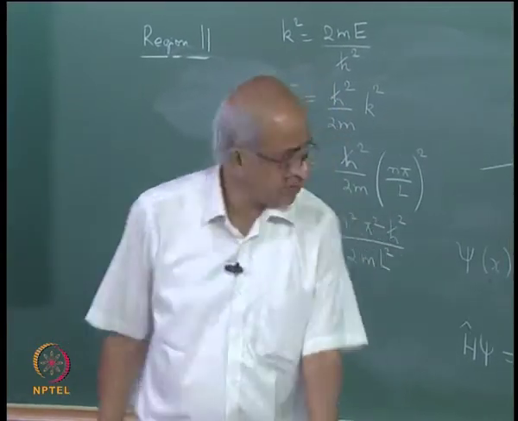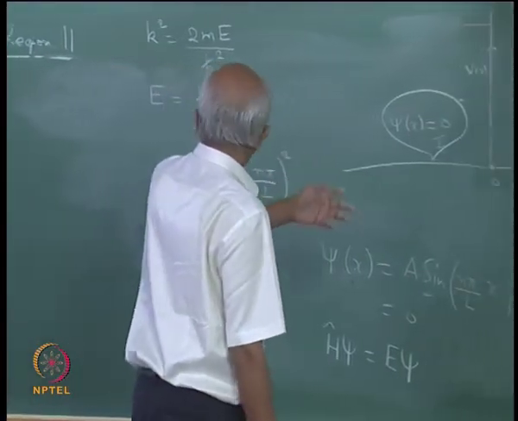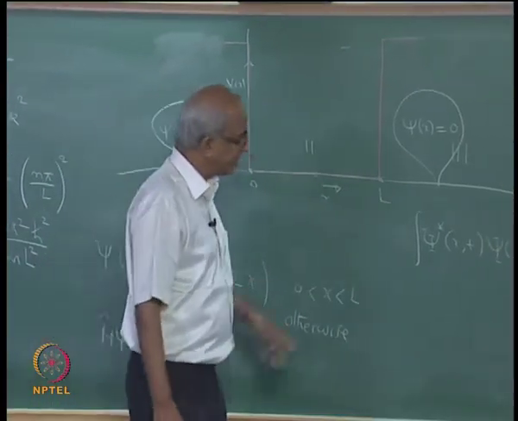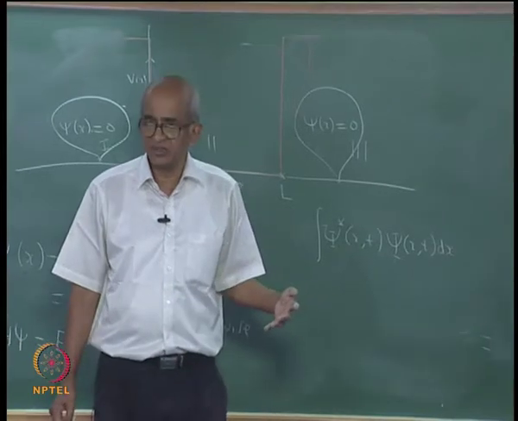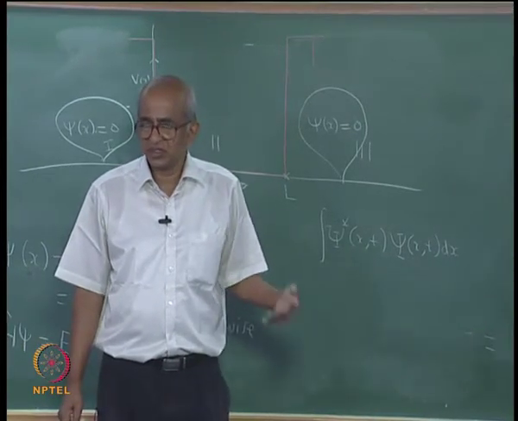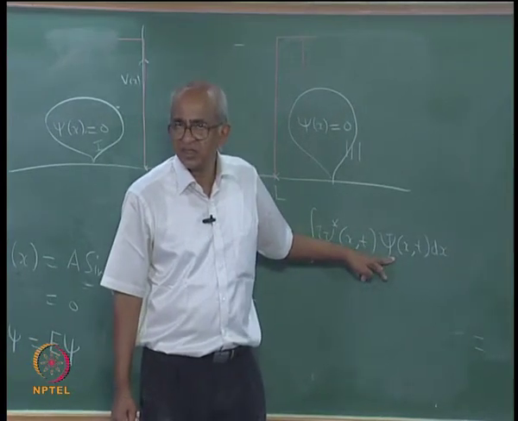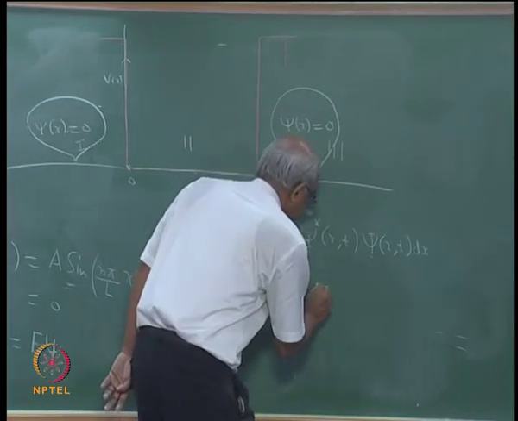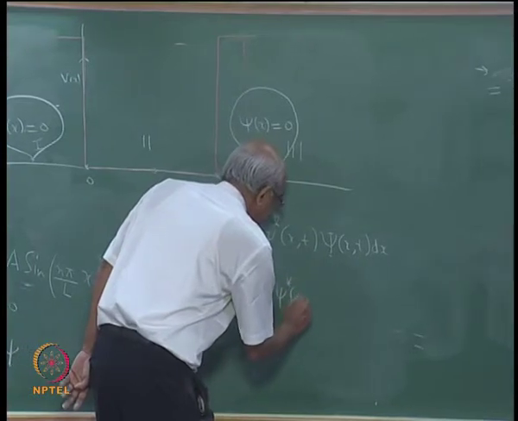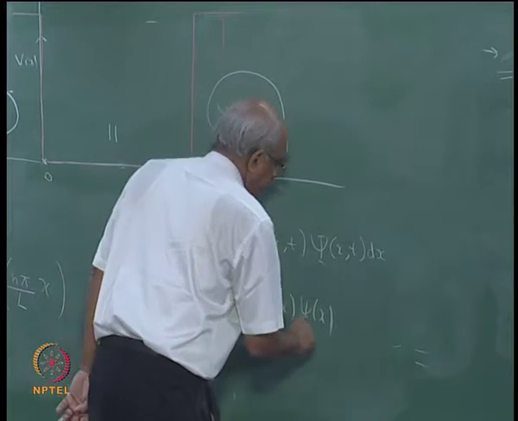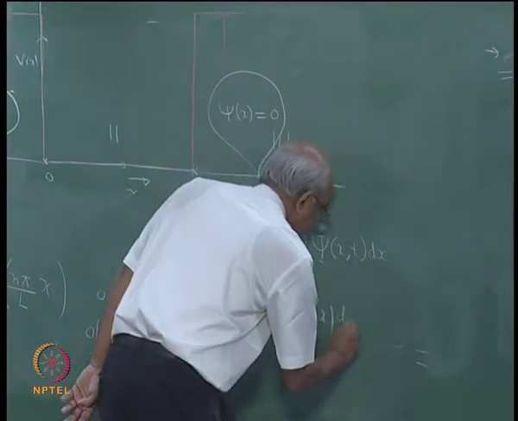But as far as the states that we are thinking of are concerned, they are all stationary states, correct? They are all stationary states. So, therefore, psi star psi will not depend upon time. So, what is going to happen is that you would have psi star of x, psi of x. This product is nothing but psi star of x into psi of x into dx.